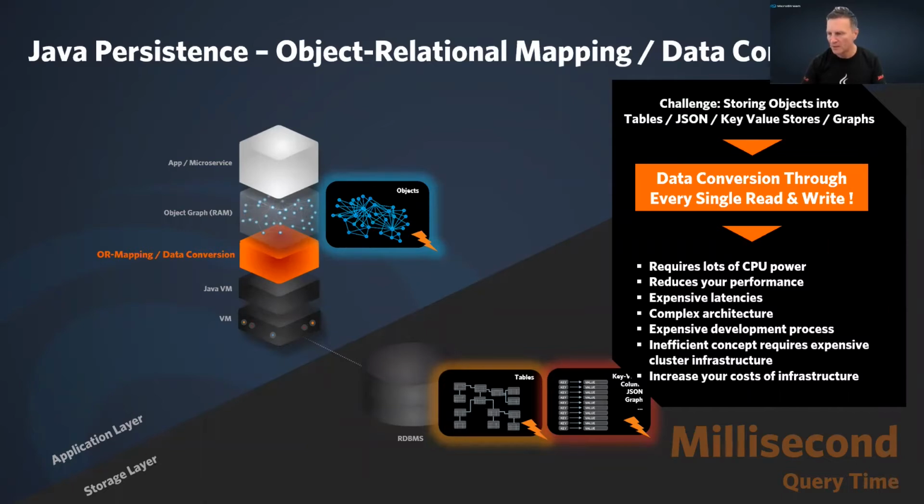This is expensive latency. We have the conversions, we have the network, and we have the access to the hard disk. And we talk about millisecond latency. When we access the hard disk, we talk about millisecond access time, and also object relational mapping mostly takes milliseconds.